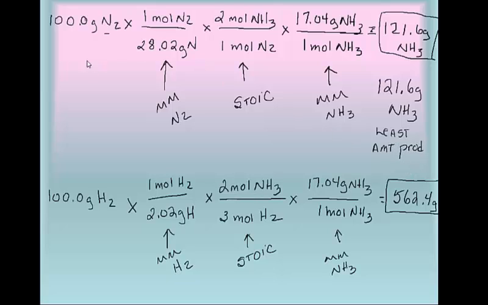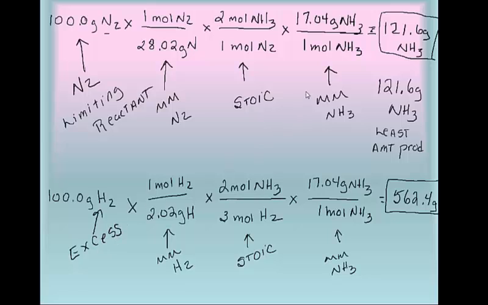That means that he, nitrogen gas, is the limiting reactant, and that means that hydrogen gas is in excess, and this here is going to be my theoretical yield because I calculated it.